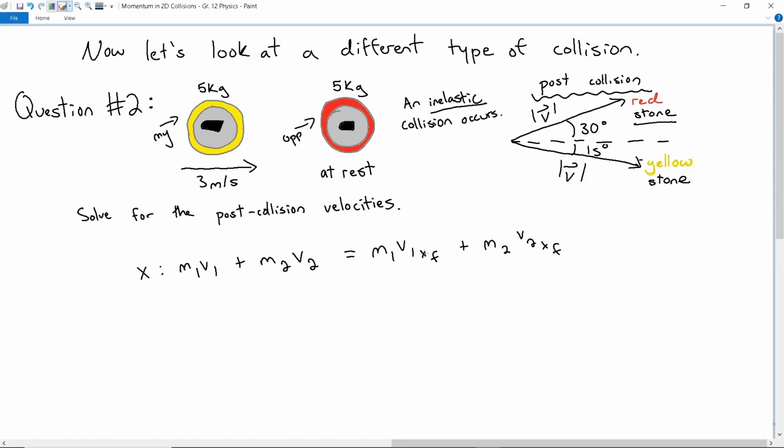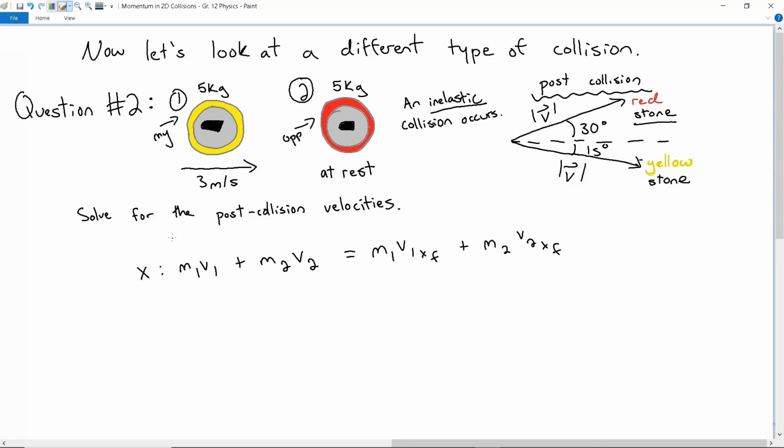And all I've done with the subscripts here is this will be velocity of our first object, and that's mine. And it's in the x dimension, and it's my final velocity. For this one, it's the second object's velocity, number 2. Also in the x dimension, also its final velocity. So let's see what we can plug in here.